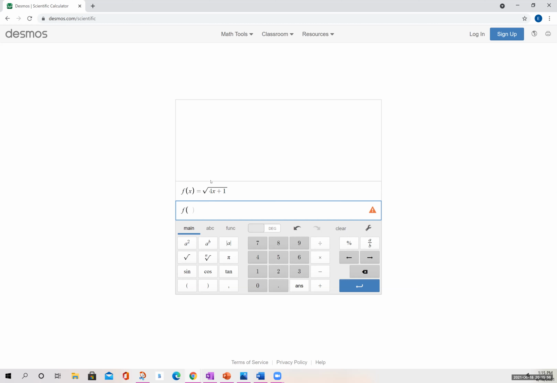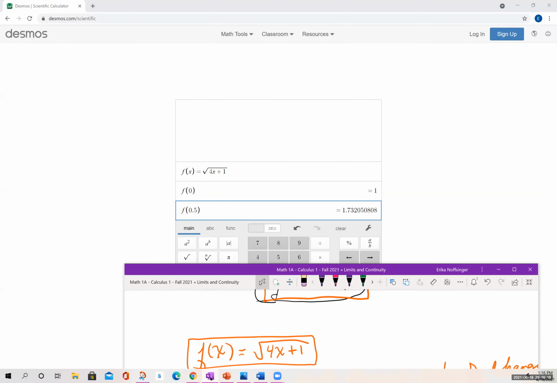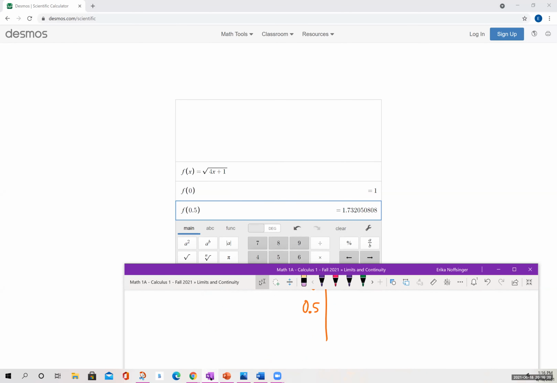We saw that f of 0 was 1. Let's see what f of 0.5 is. So that's about 1.73. Okay, we want to find the slope though, right? So this was 1.7325.